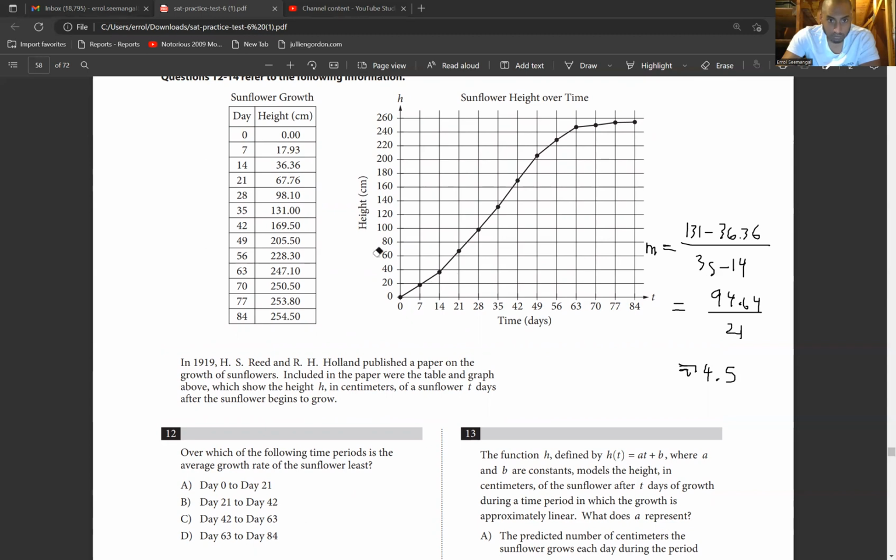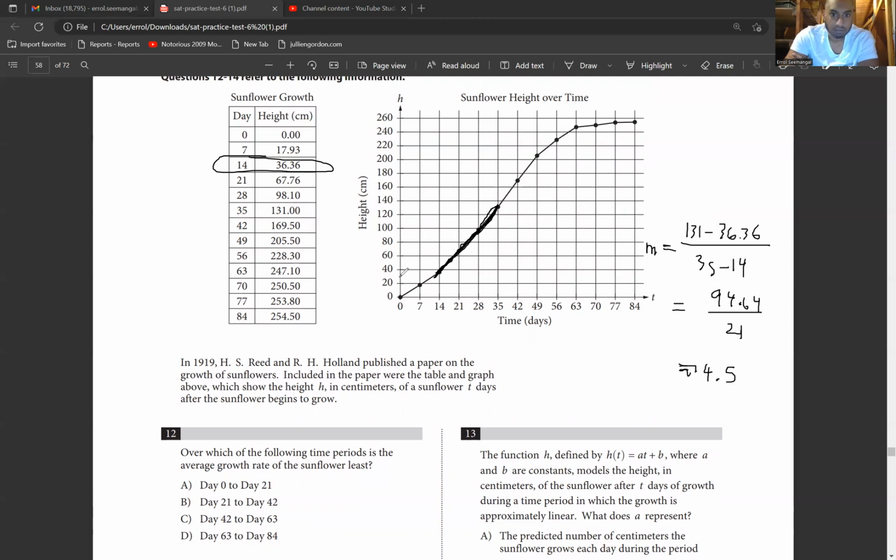this point right here is what? 14. It's this one right here? So if we look at this line right here, if we were to extend it to the y-axis, they're saying it would intercept the y-axis at about 27, which is where, right?